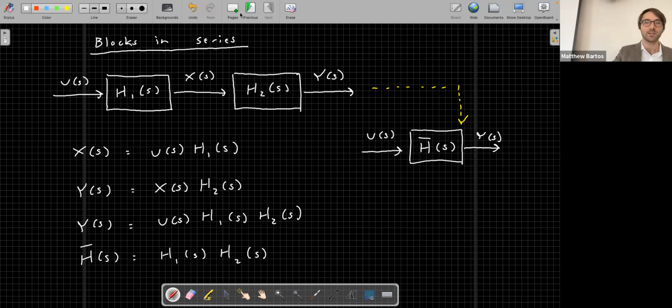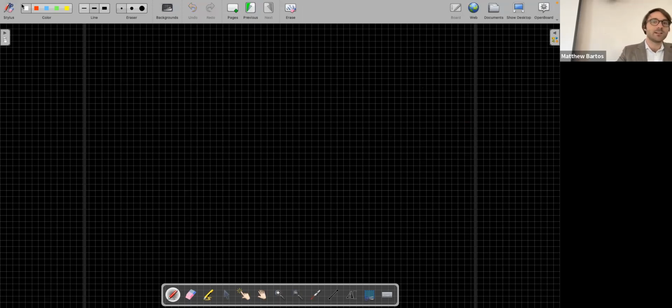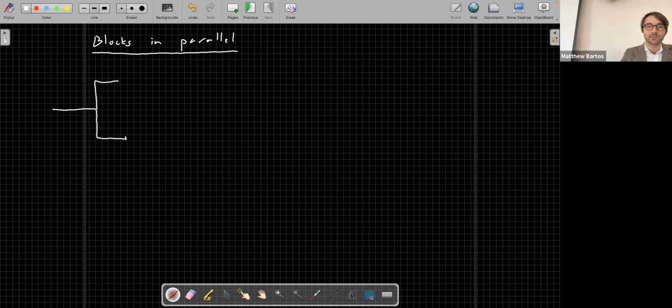All right, awesome. I'm going to pick up the pace a little bit. Let's say we have blocks in parallel. We have a function U of S, and we're going to split it into two parallel paths. On the upper path, it's going to enter H1 of S. On the lower path, it's going to enter H2 of S. These are both transfer functions.